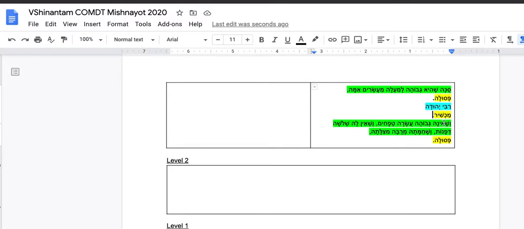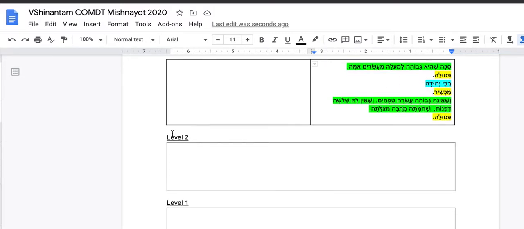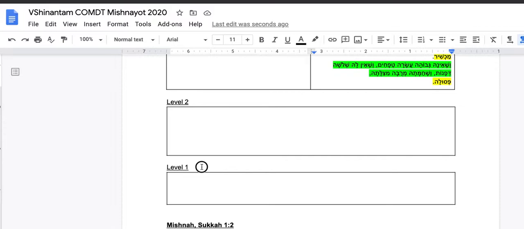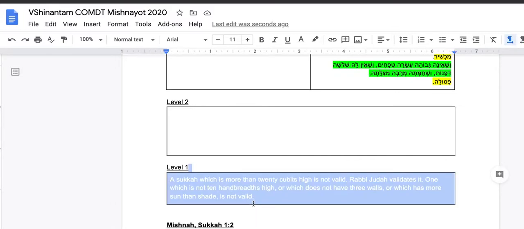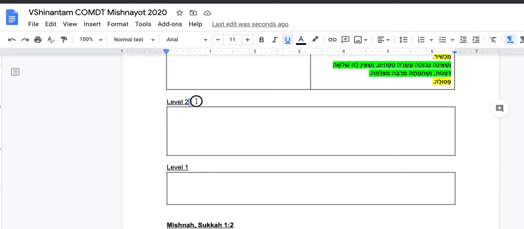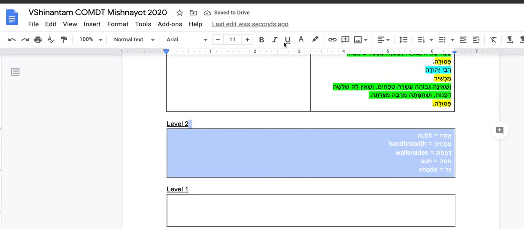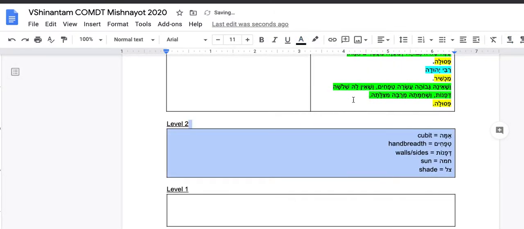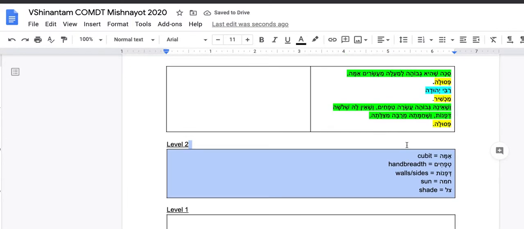Let's see if we can dive in a little bit and get some more meaning. In this case, we have two levels. We can either go for the entire translation, if you are a beginner and need that help, or you can go for level 2, which means you are just going to get a couple of words. So let's take level 2, because our Hebrew is good enough to do some of it by ourselves.